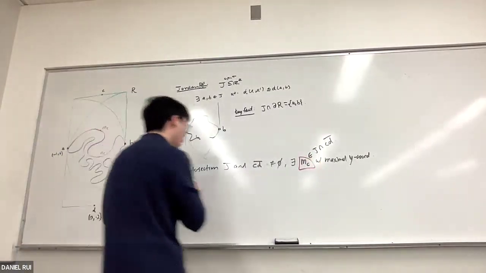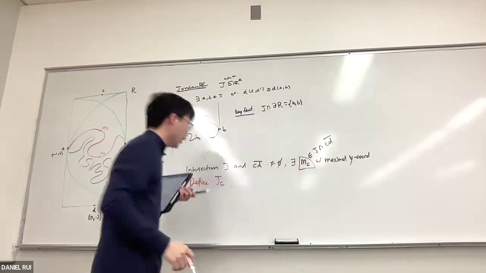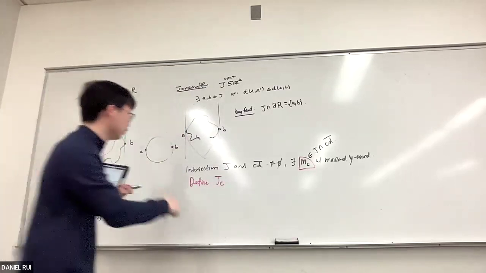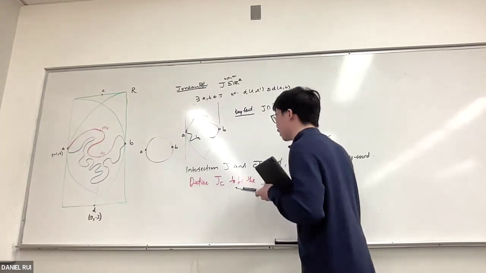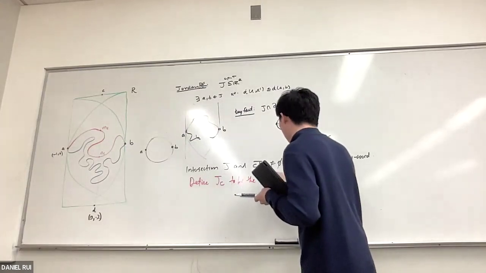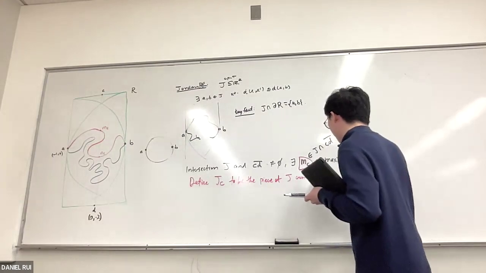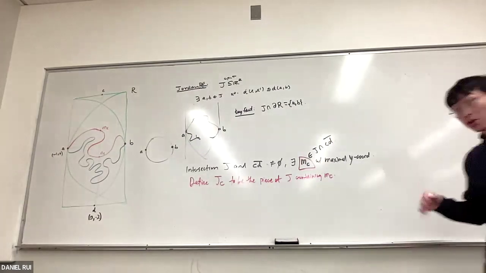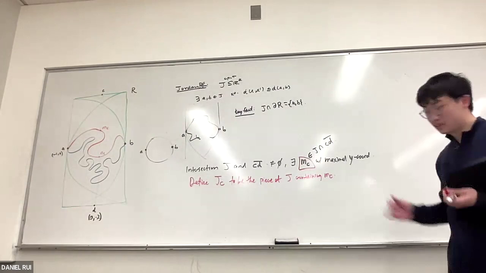And then define J_C, for C being the top. Okay, so this is the top half of the curve. To be the piece of J containing M_C. Okay. I told you there are two pieces. One of them has got to contain M_C, the other cannot. Okay, J_C is that piece.